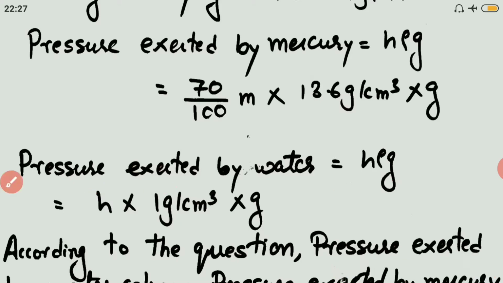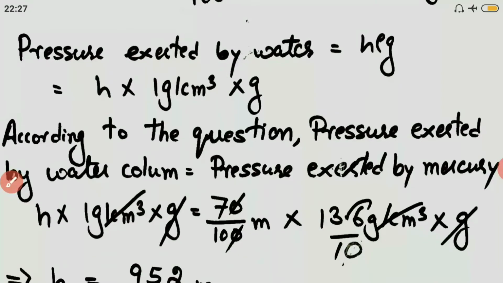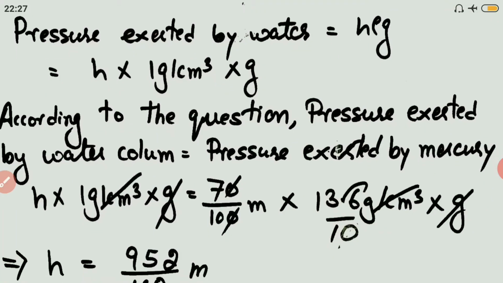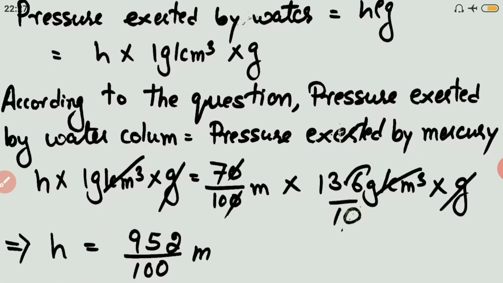Now solving it further, according to the question, the pressure exerted by the water column should be equal to the pressure exerted by mercury. So I can write H into 1 gram per centimeter cube, which is the density of water, into G, that is acceleration due to gravity, equals 70 upon 100 meter, which was the height of the mercury column, into the density of mercury multiplied by acceleration due to gravity.